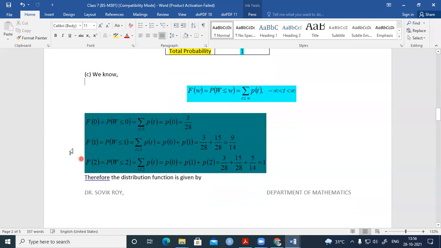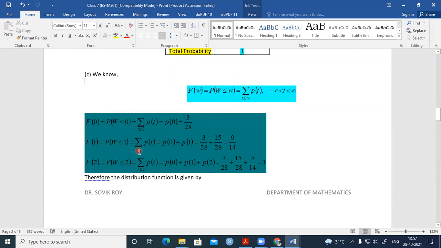Then there comes F1. When w equals 1, we are going to calculate the distribution function value at the point w equals 1, which means we are going to calculate the probability where W is less than or equal to 1. By definition, I am writing it as the summation over t less than or equal to 1, because small w is now 1, of P(t).